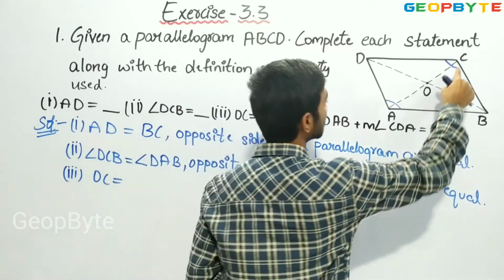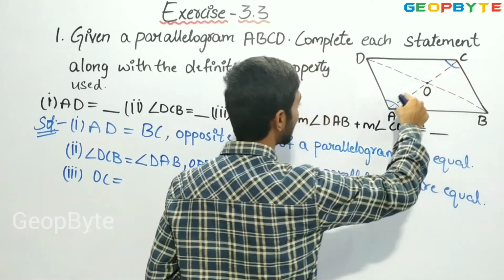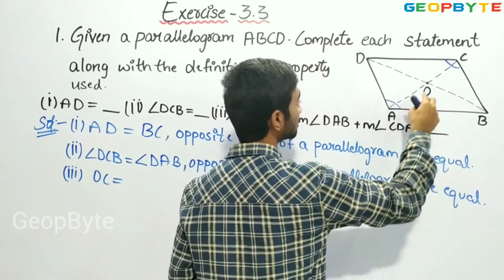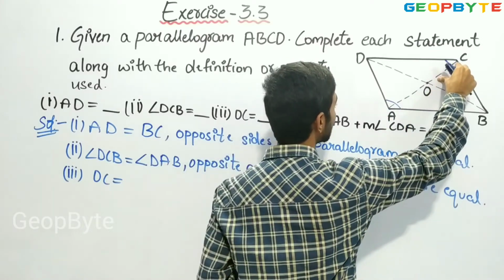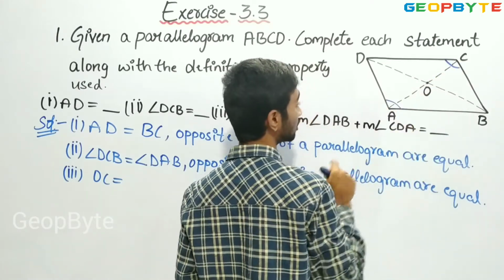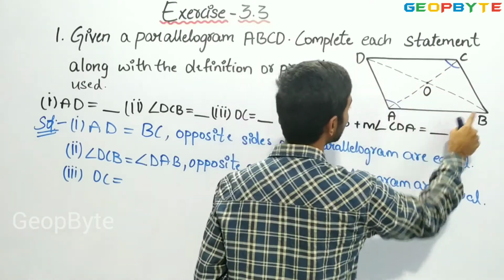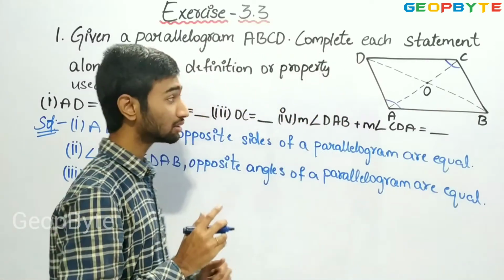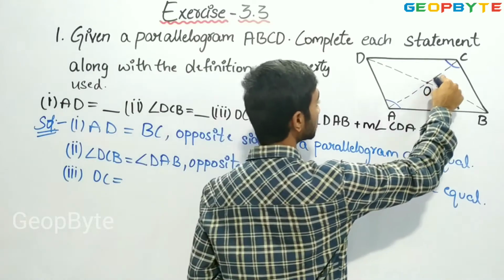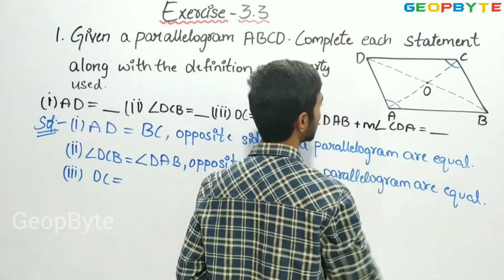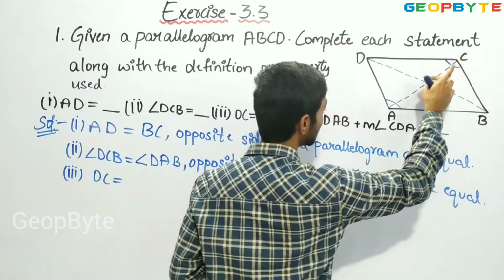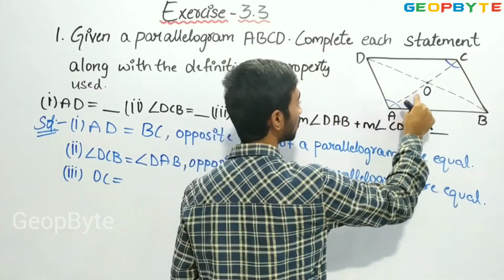That means the midpoint of this diagonal AC is O and here OA is equal to OC, because O is the midpoint of this diagonal and it is also the midpoint of the diagonal DB. So we know that the diagonals in a parallelogram bisect each other. So OC will be equal to OA because the point O is dividing this diagonal into two equal halves.